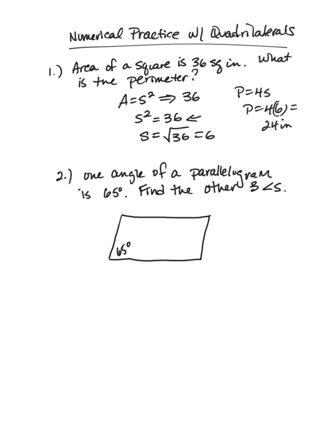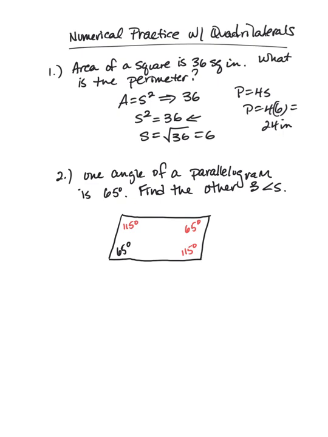Well, look at the properties of a parallelogram. Opposite angles are congruent. Consecutive angles are supplementary. So 180 minus 65 degrees is 115 degrees. And you can check it by adding all of these together.